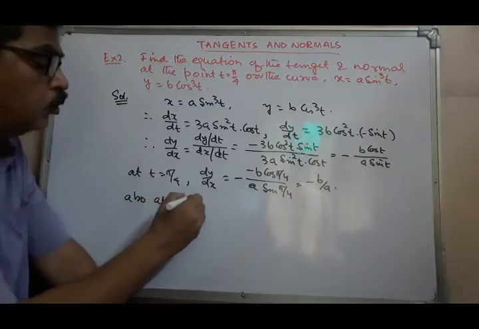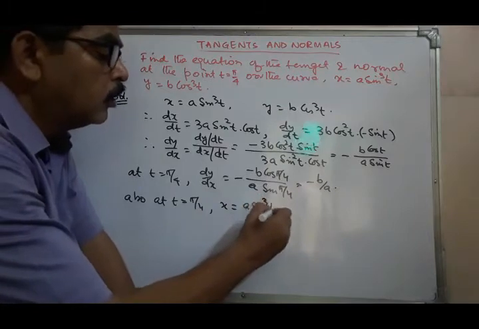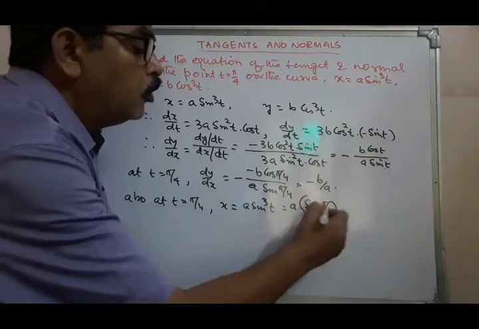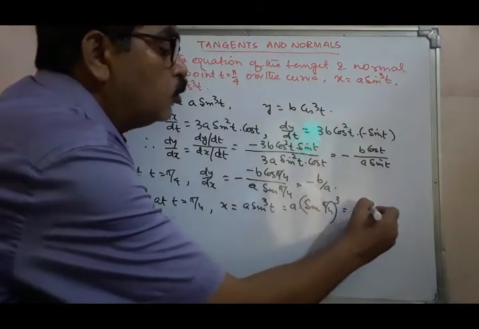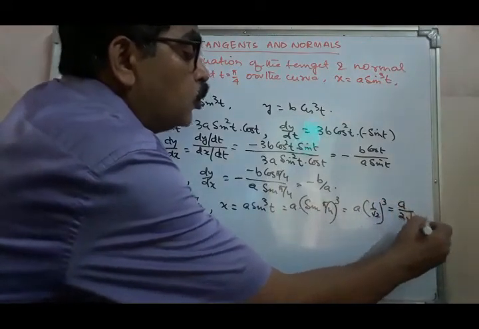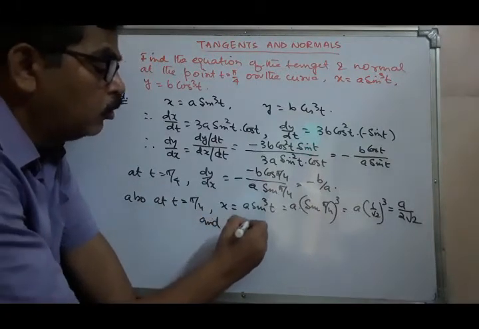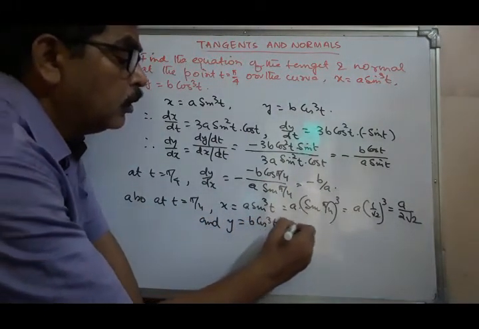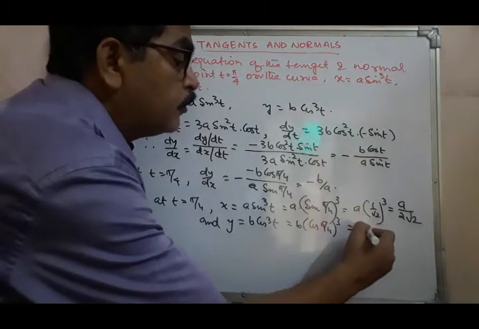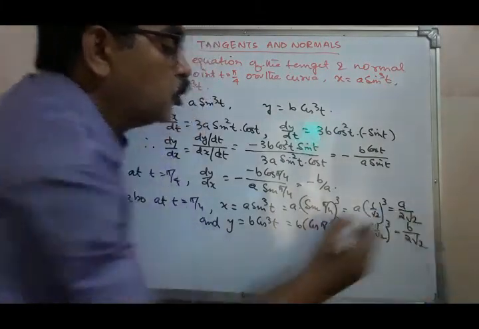Also at t equal to pi by 4, x equal to a sin cube t, that is a into (sin pi by 4) whole cube, that is a into 1 by root 2 cube, that is a by 2 root 2, and y equal to b cos cube t, b into (cos pi by 4) whole cube, that is b by 2 root 2.